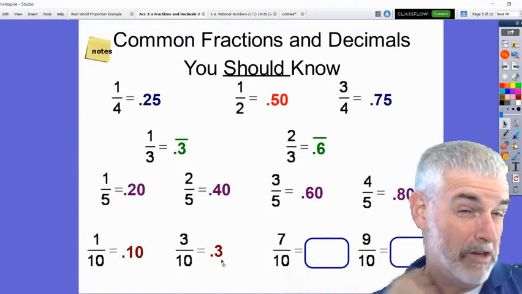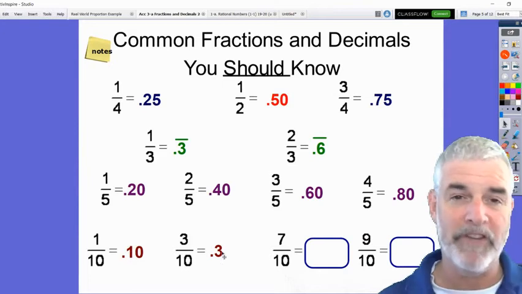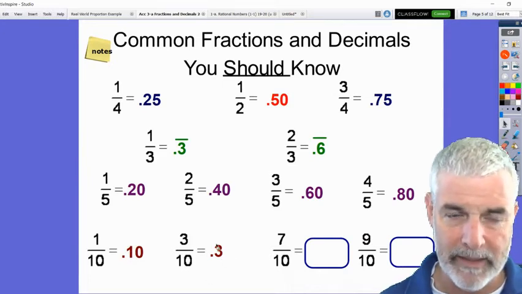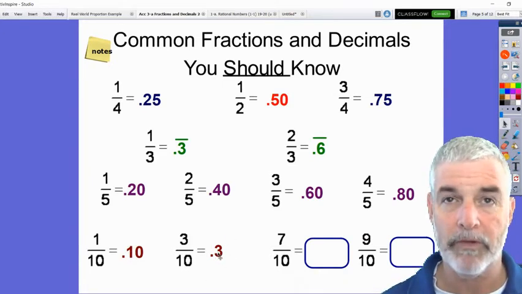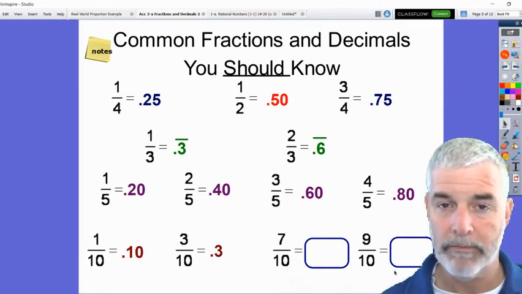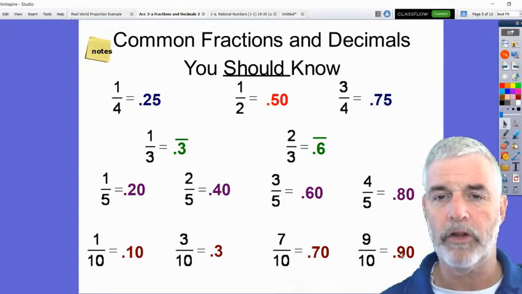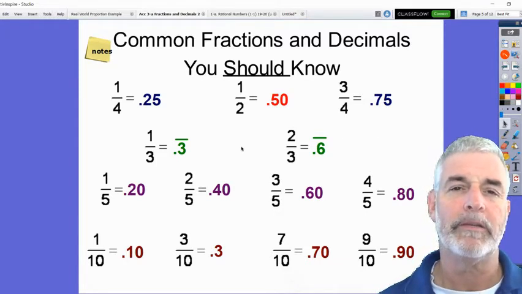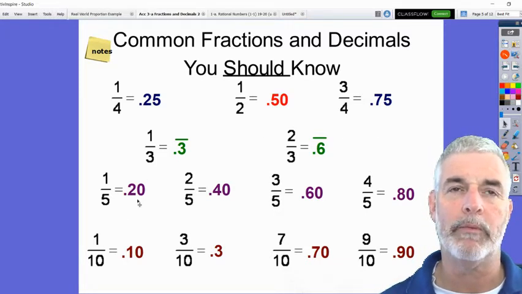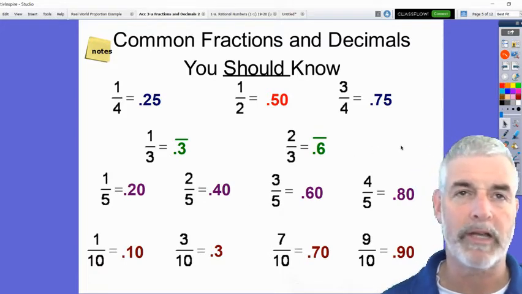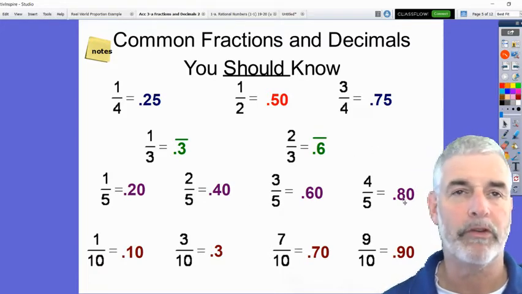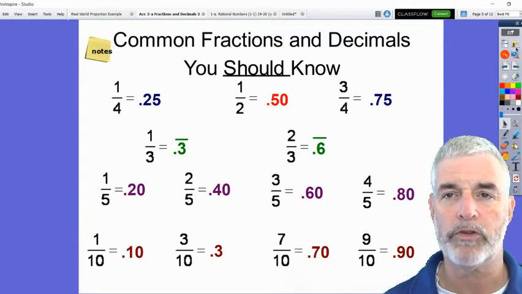I don't say 3/10 typically, but the official math way to say this decimal is 3/10, just like this fraction. 7/10 and 9/10. The reason there's 2 digits here is because typically we take this and we go to the next step, which is what are these as percents, and that's why you have the zeros in there. But we'll talk about percents in a future unit.